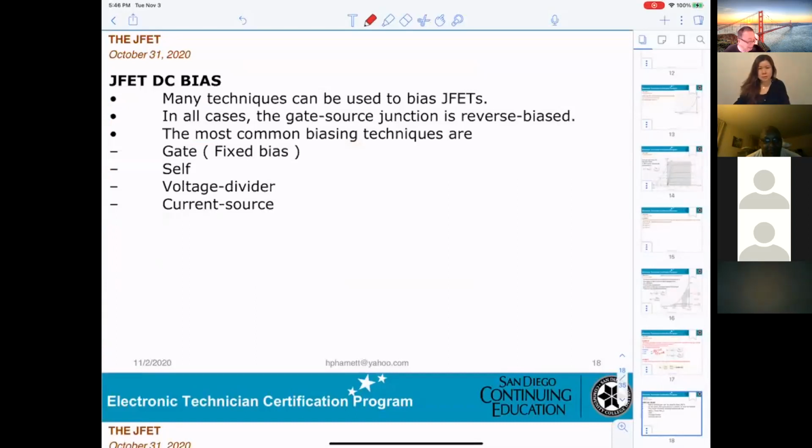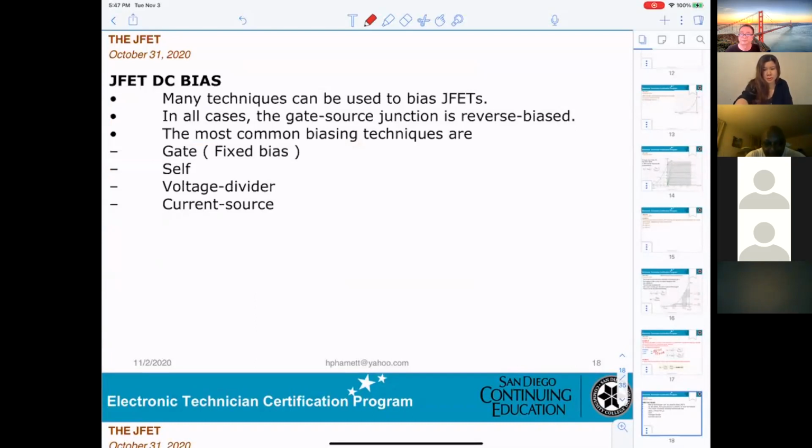Like the bipolar, NPN and PNP transistors need a bias before they can work as an amplifier. Same thing, JFET needs the DC bias. So many techniques can be used to bias the JFETs.